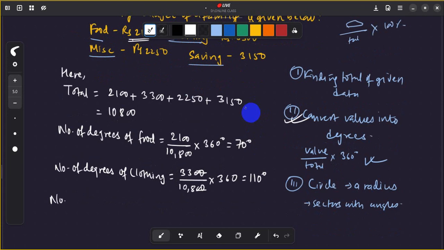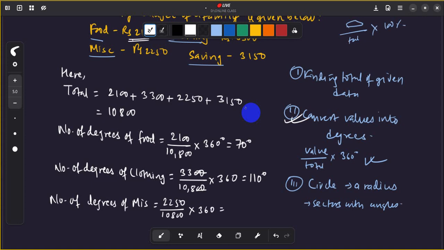Similarly, the number of degrees of miscellaneous equals the budget, 2250, over 10,800 times 360. How much will come now? 2250 times 360 divided by 10,800.